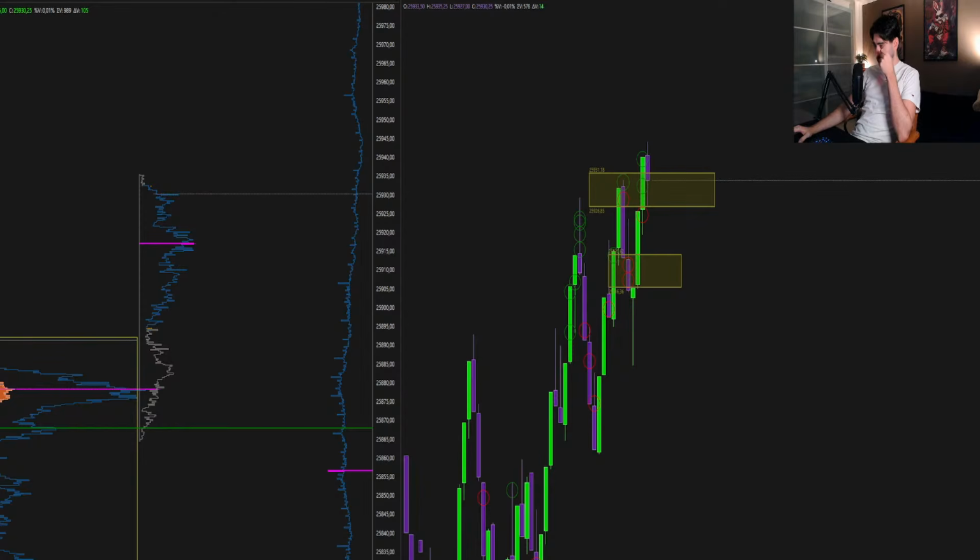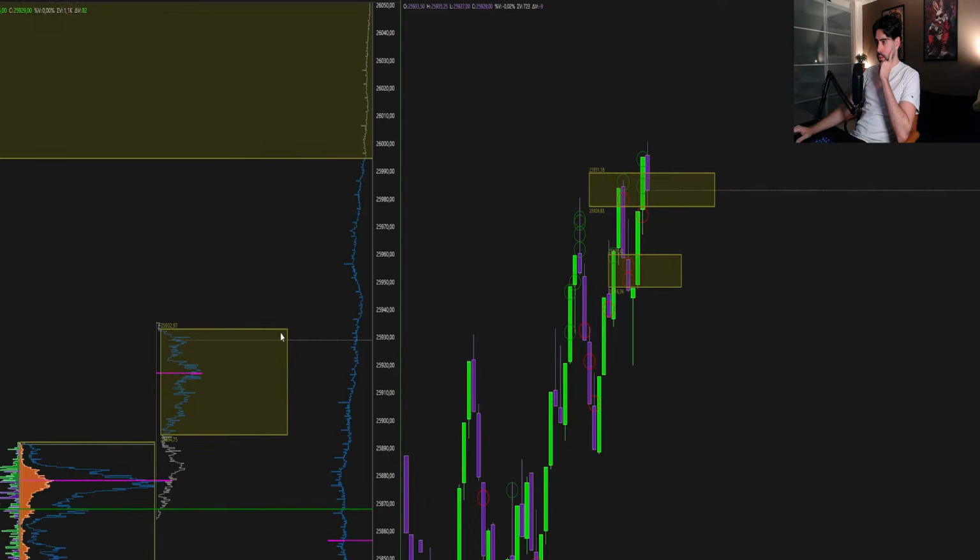Punching another wall, yeah. Keep an eye on the volume profile on the left. You see that the volume, the majority is up here. Clearly, buyers are hungry.